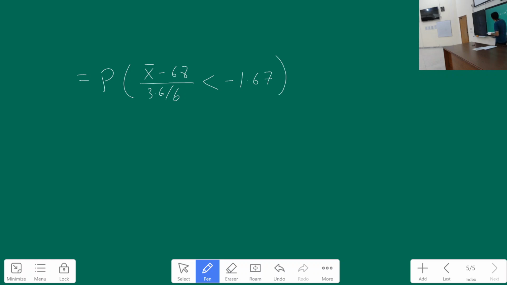Since we already know that this is standard normal, this is your small z, and you can read the standard normal table, F of z against z. You find z, read what value you get, and that will be placed here.